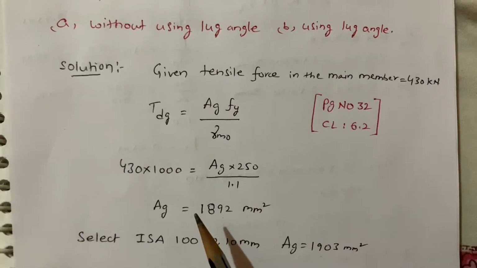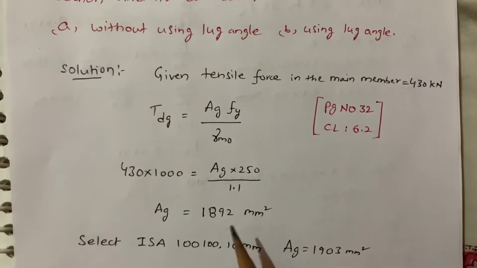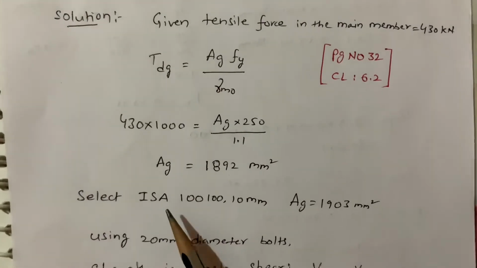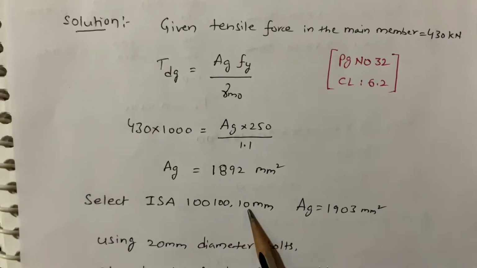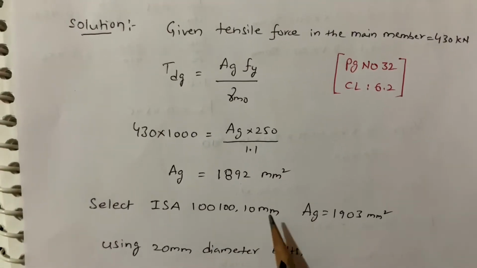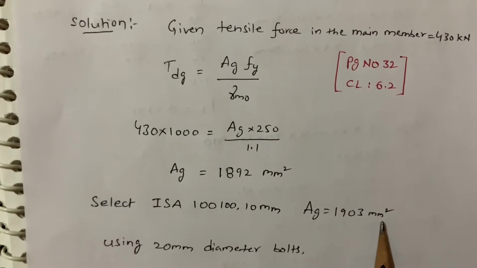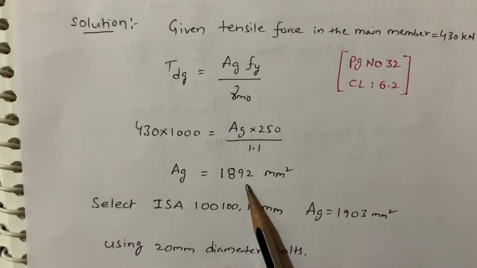After calculating this, I got 1892 mm square. So I choose an ISA angle section 100 by 100 by 10 mm. For this section, the Ag value is 1903 mm square, which is nearer to this value.